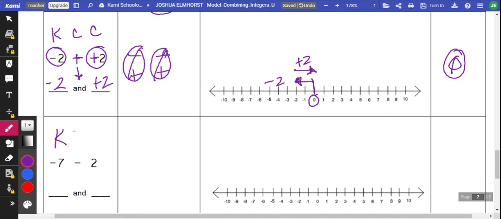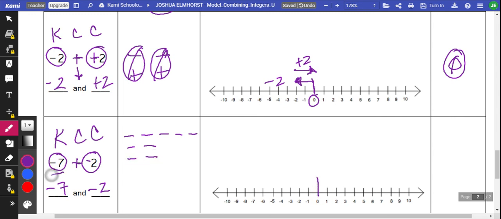And keep, change, change. Keep the first integer the same. Change this to addition, and then there is no sign here, so you need to switch that. So we have negative 7 and negative 2. 1, 2, 3, 4, 5, 6, 7, and then 1, 2.